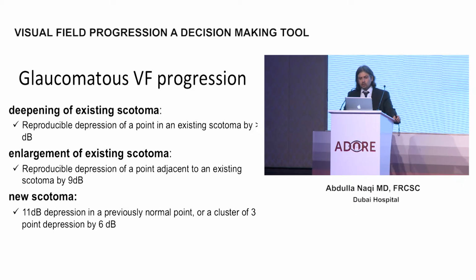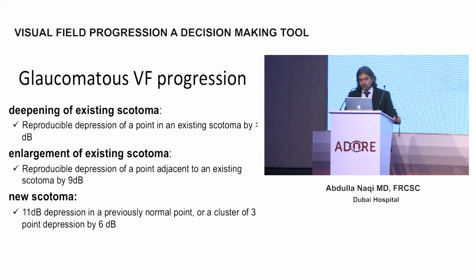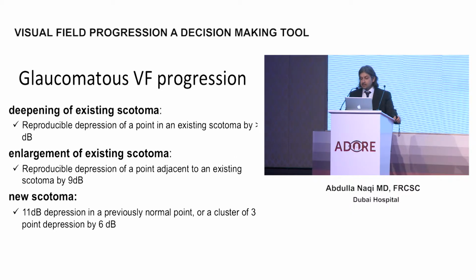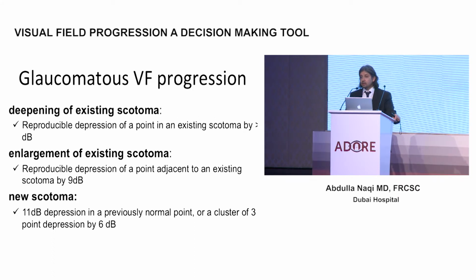When it comes to glaucoma visual field progression, we're talking about either a deepening of an existing scotoma, which is the reproducible depression of a point in an existing scotoma by more than 7 decibels, or an actual enlargement of an existing scotoma, by adding more points adjacent to that scotoma, or a totally new scotoma appearing in that island of vision.